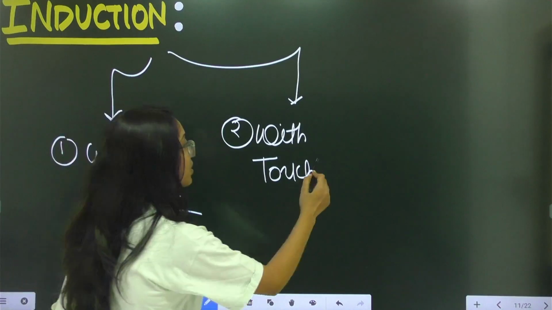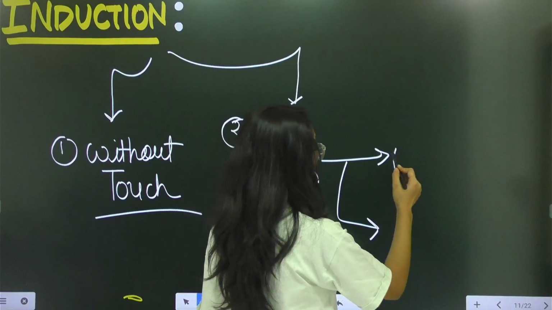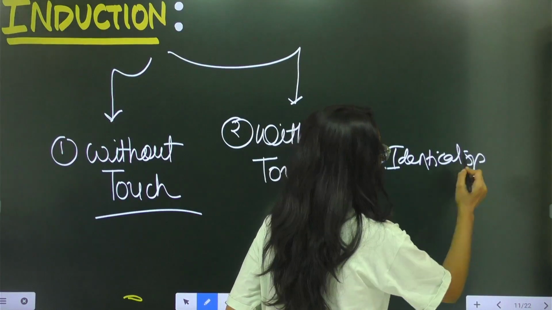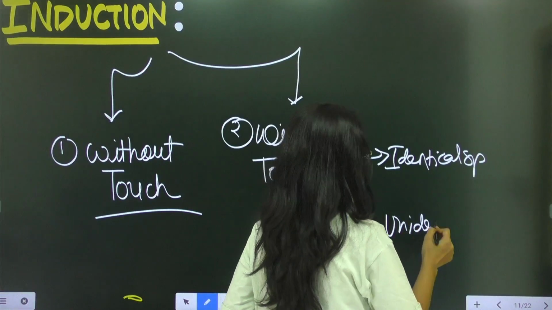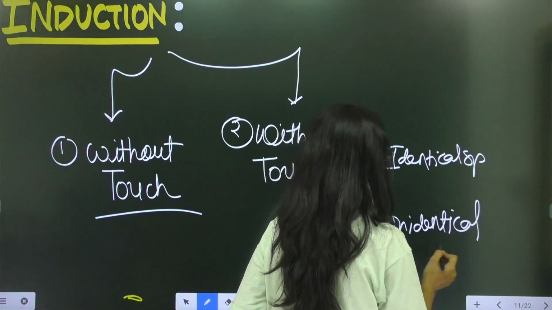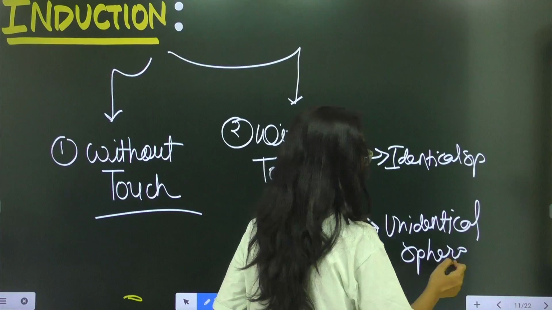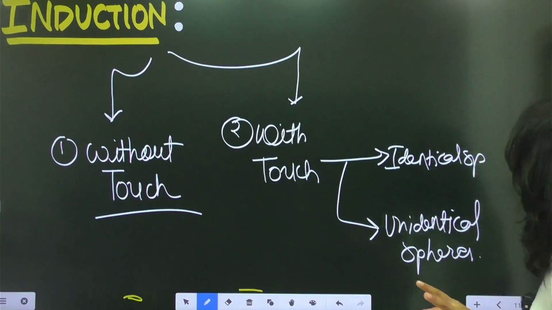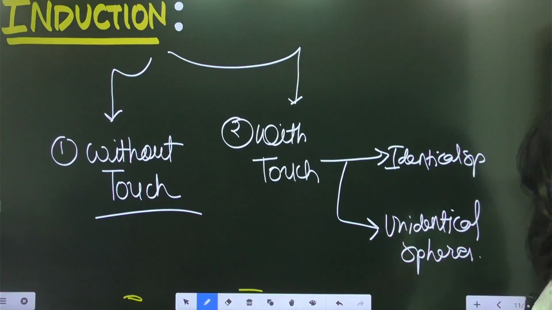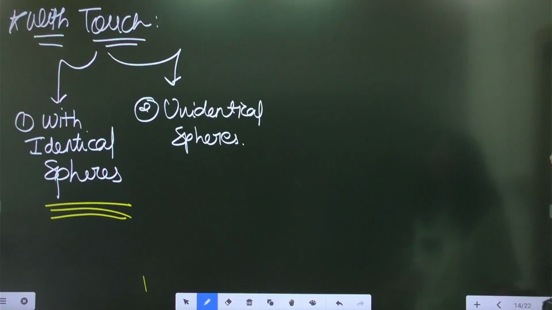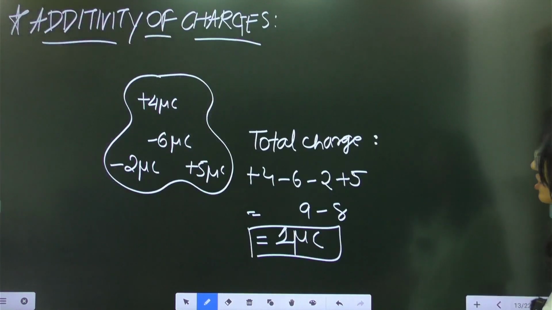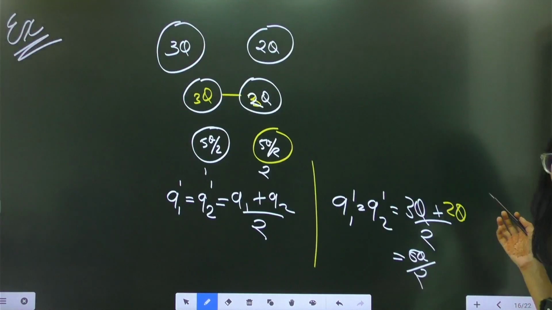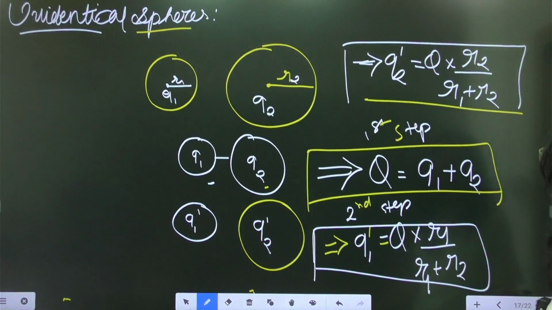And with touch, there will be two cases: identical spheres and unidentical spheres. This is basically so easy and so simple. So this is what we learned in induction. We also learned additivity of charges. With touch, identical, we learned this example too, unidentical.